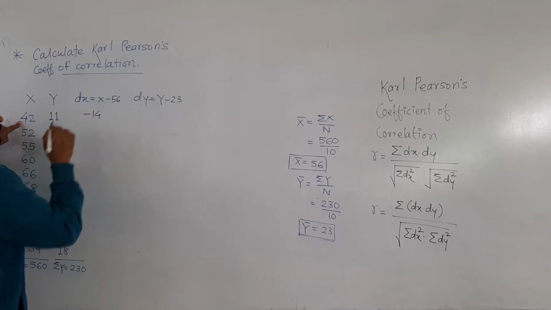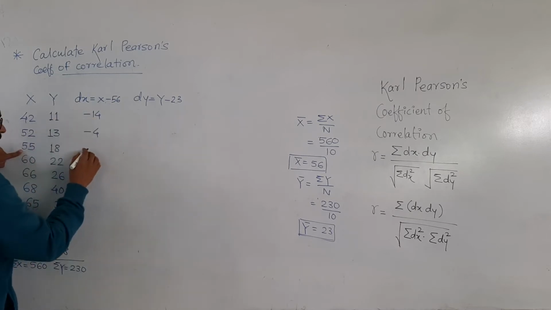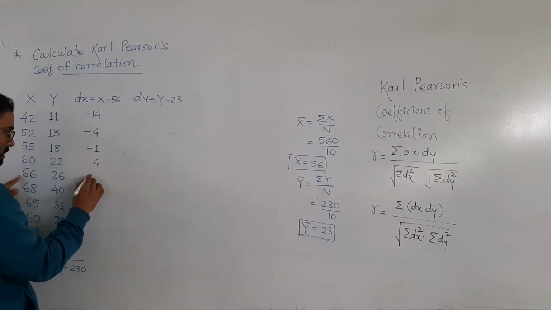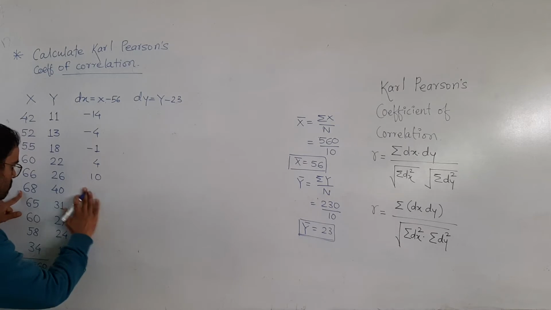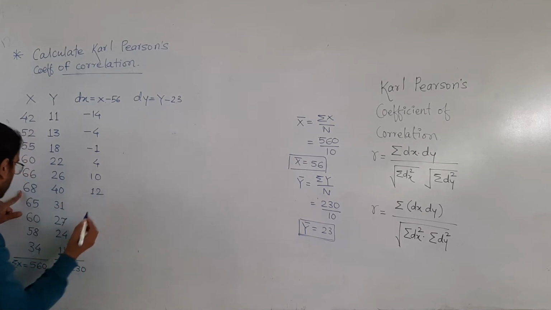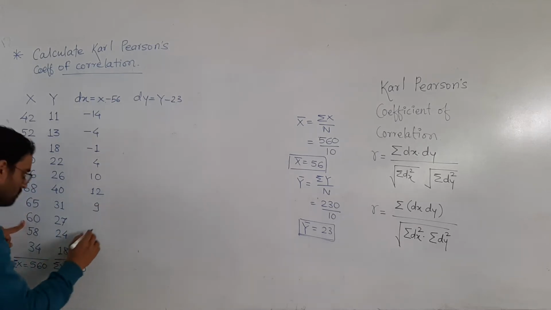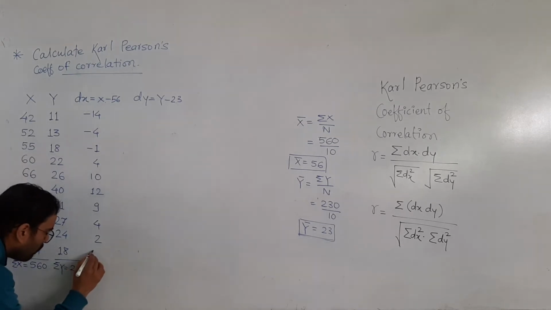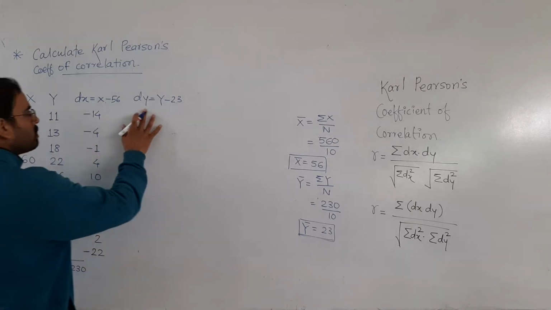Minus 14. 52 minus 56, minus 4. 55 minus 56, minus 1. 60 minus 56, 4. 66 minus 56, 10. 68 minus 56, 12. 65 minus 56, 9. 60 minus 56, 4. 58 minus 56, 2. And 34 minus 56, minus 22.